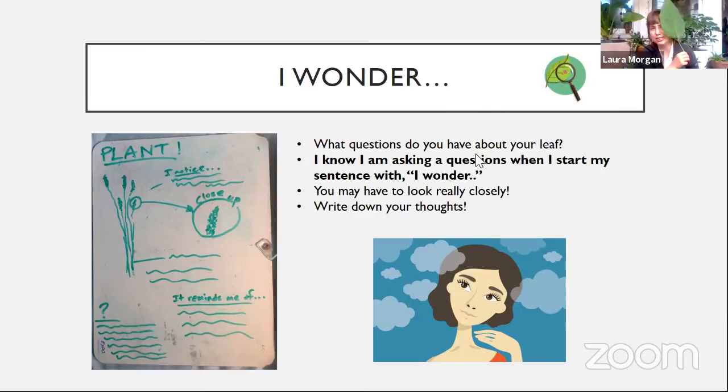Yeah, I wonder why it is so big. Why are some leaves bigger and some leaves smaller? I wonder if it means it can capture more sunlight than smaller leaves. That's to make great its own food. Ooh.